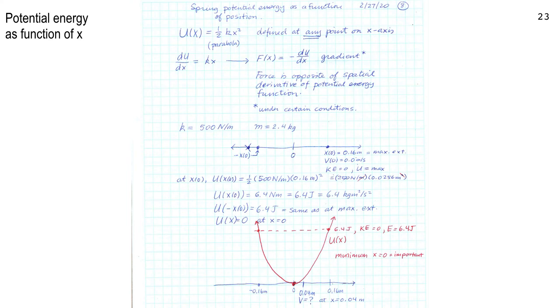Now, some of you are going to get into 2049, and you're going to be working in 3 dimensions in 2049. So you'll be doing more of these gradients. This is about the simplest one that you can do because it's only 1-dimensional. There are 2-dimensional spatial oscillators that you can set up, but this is an important result.